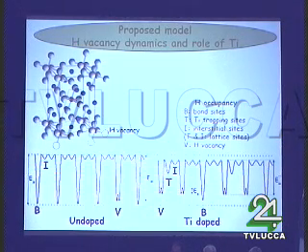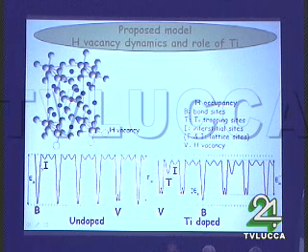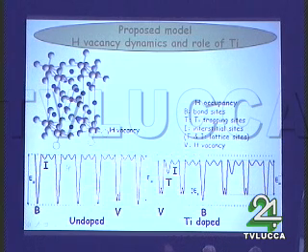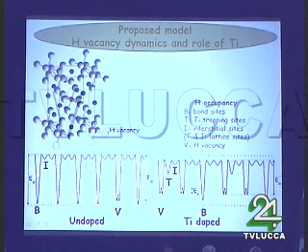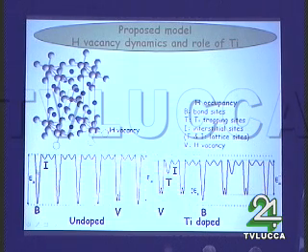To finish, the part of the model we propose is considered by the potential profile for hydrogen. In the undoped material, the activation energy for a hydrogen atom to break the bond is rather high, of the order of 1 electron volt or more.